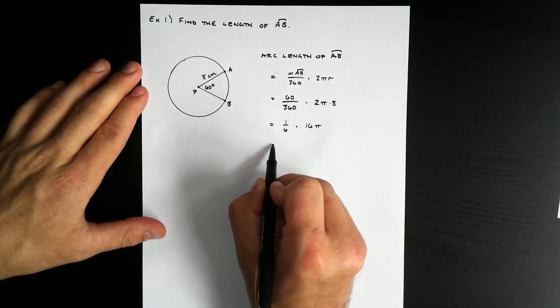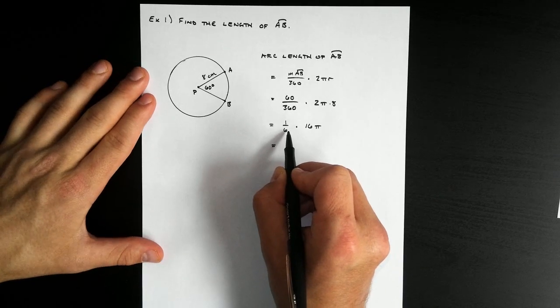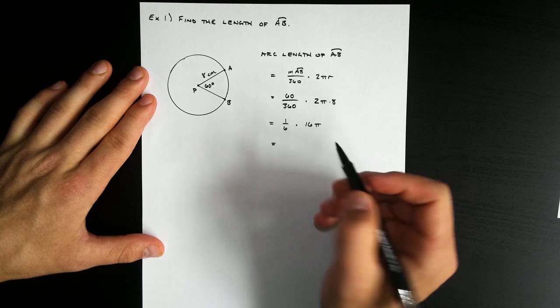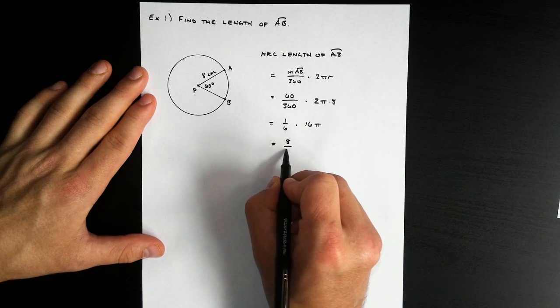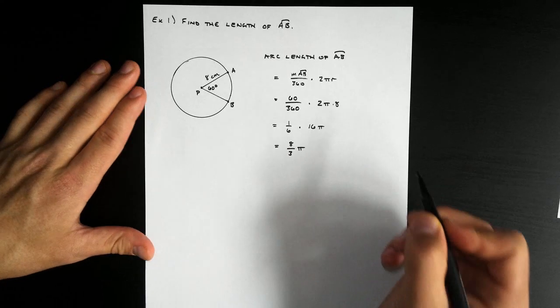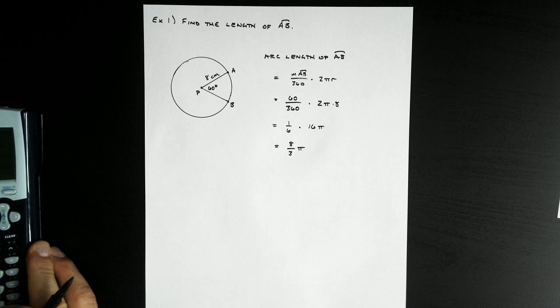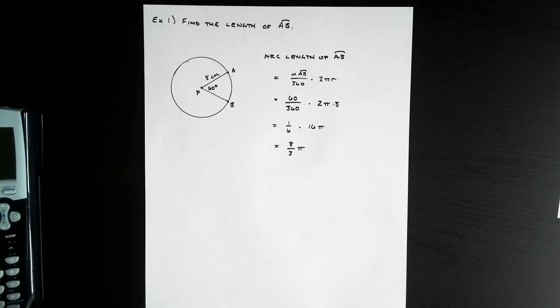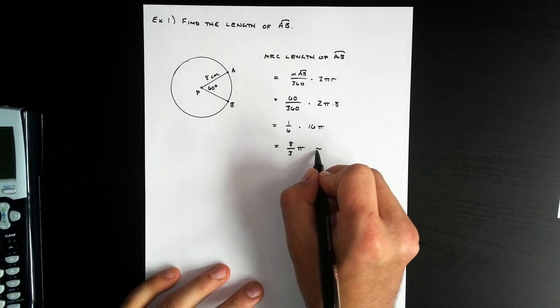Okay, so then if I just multiply these together, I can simplify a little bit. 16 over 6. Let's see if we can take a common factor out of 2 there. So we end up with 8 over 3 times pi. That doesn't really tell me too much right now, so let's get just a decimal approximation of that.